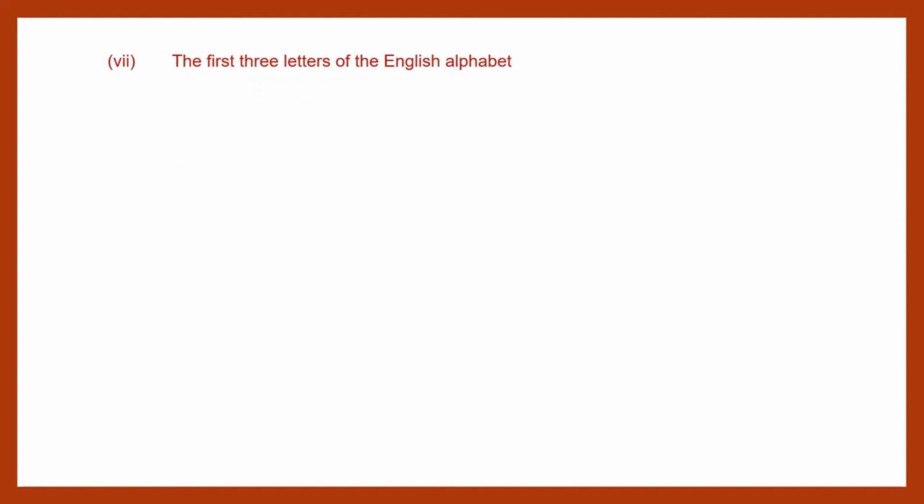Question 7. The first 3 letters of the English alphabet. What are the first 3 letters of the English alphabet? A, B and C. Now this is very well defined because these are the only first 3 letters of the English alphabet. So yes, the given elements form a set. Question 8. All the tasty fruits.